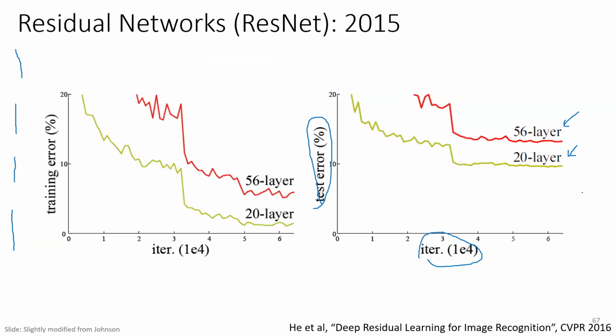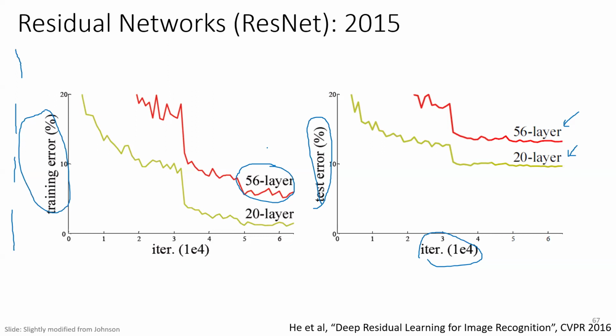Now, if you think about the training error also, for that 50,000 training data, still the 56 layer one is making more mistakes. This cannot be true. When the number of layers increases, the network size is larger, it should be able to at least memorize the training examples and make a lower error.